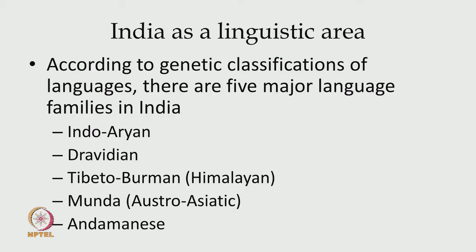and these terms to refer to these families are called Indo-Aryan family of languages, Dravidian family of languages, Munda, which is also called Austro-Asiatic family of languages, and Andamanese. A word of caution here, most of the languages spoken in this subcontinent, that is in the mainland, belong to either Indo-Aryan or Dravidian family of languages.